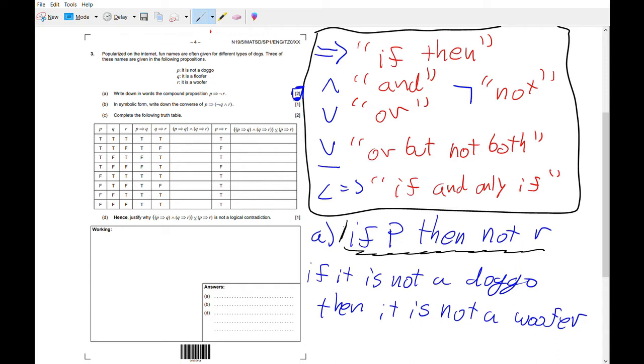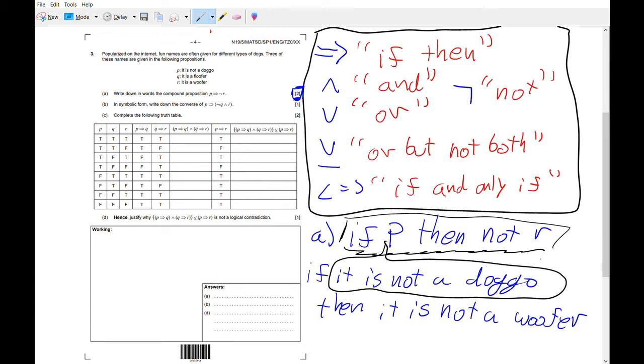Okay, so first define it like this and then plug in. Okay, the P is seen here and the R is seen here. Okay, of course, the if is this if, the then is this then, and the not, well, you have to make it sound pretty, so it's going to be in between the R, okay? So that is part A.